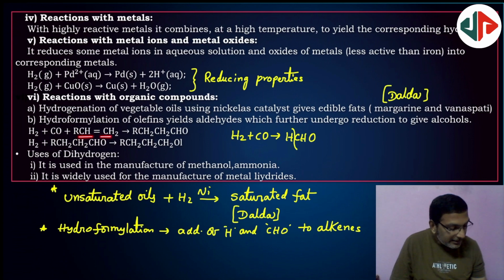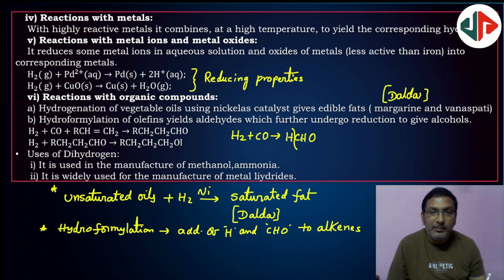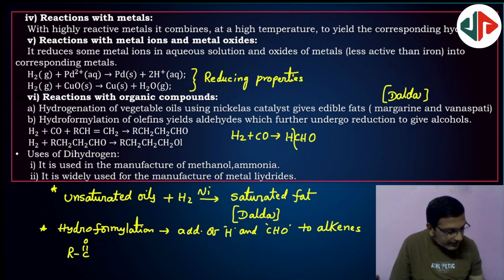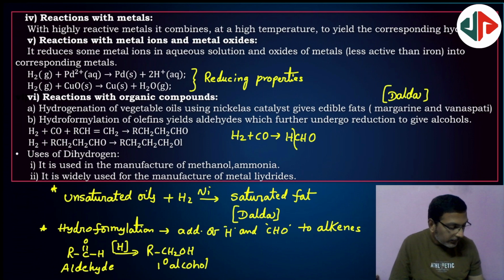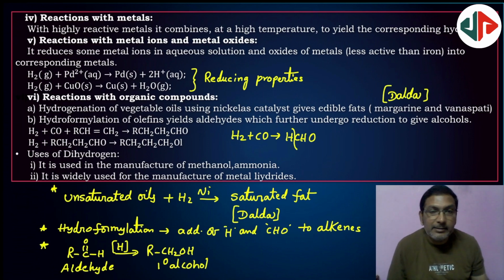Here RCH=CH2 alkene gives aldehyde, which on reduction gives primary alcohols. If aldehyde is present, on reduction it gives RCH2OH. This aldehyde gives primary alcohol. We'll discuss this reaction in detail in organic chemistry.